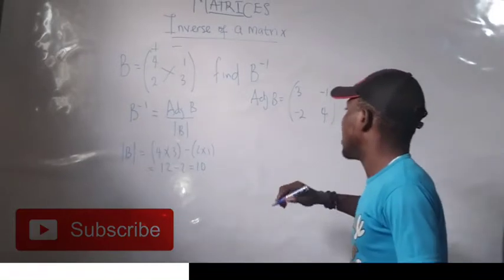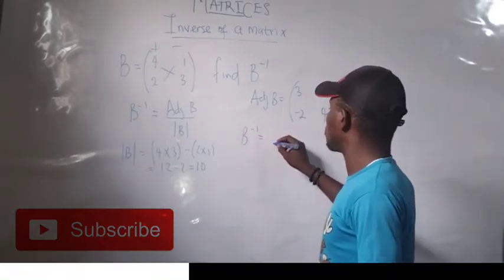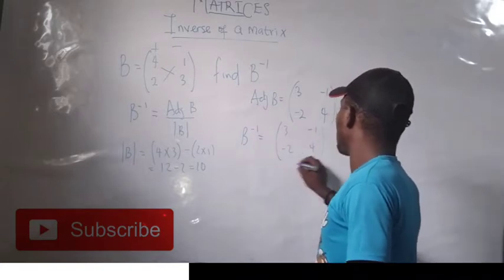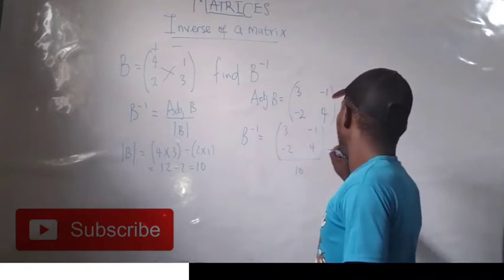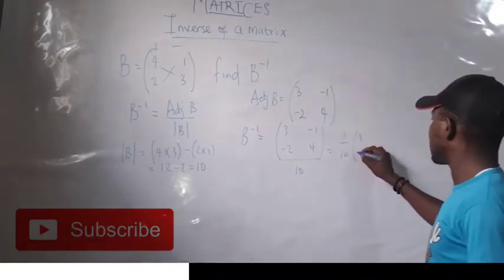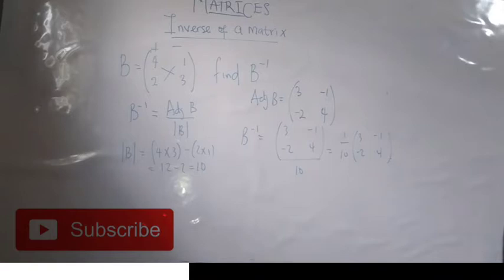Then you come out with this. Hence, your B inverse is simply equal to 3, minus 2, minus 1, and 4, all over 10, which can as well be written as this.